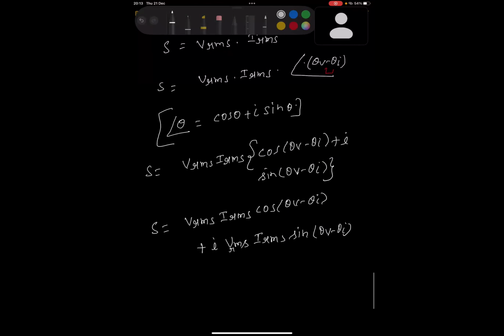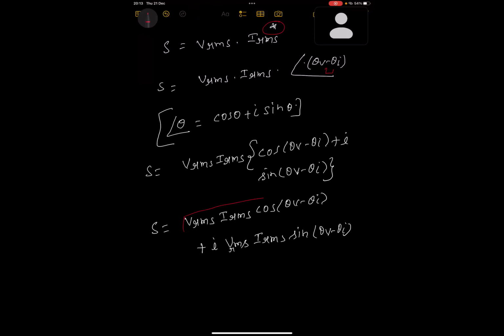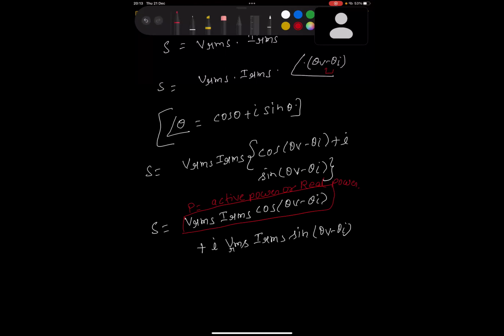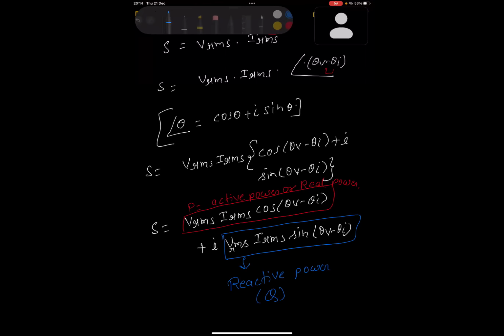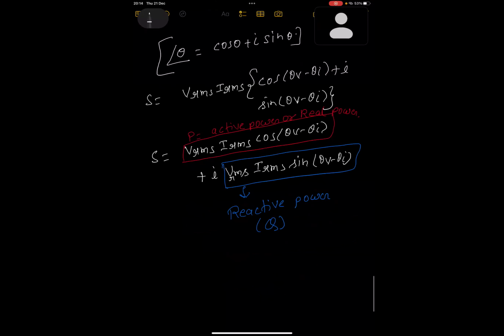So this is your P, that is active power, or real power. This is your reactive power, represented by the Q. Okay. So S equal to P plus JQ.